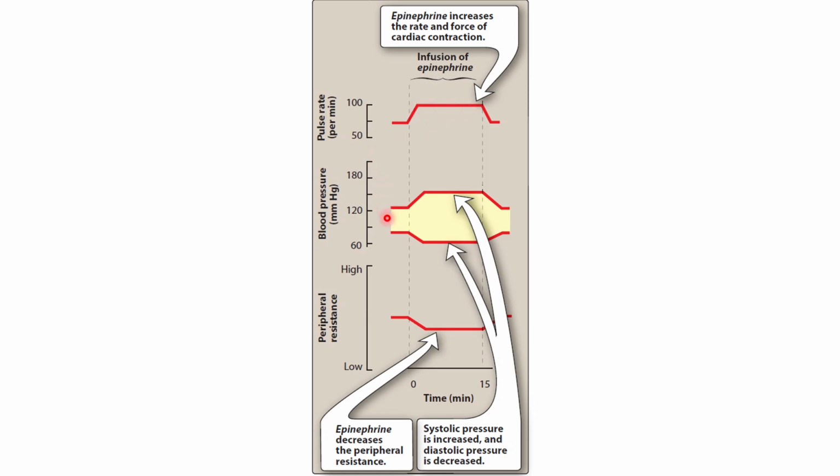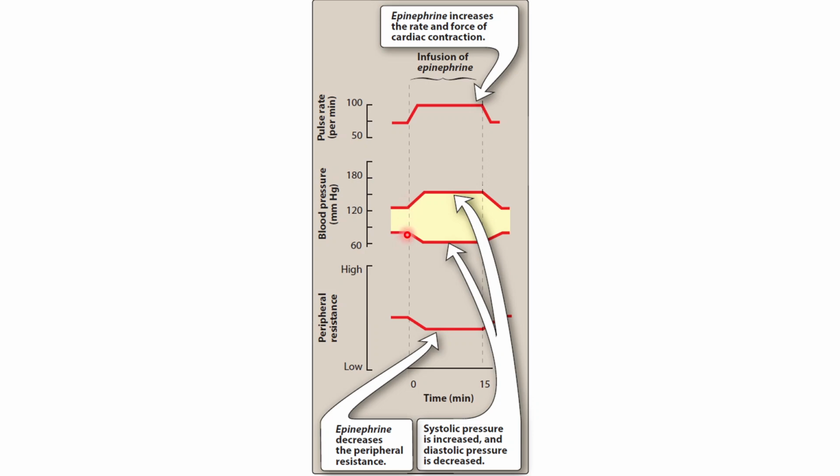Then if we look at the blood pressure, systolic blood pressure will increase because of the stimulation of alpha 1 receptors in the vessels, in the aorta and large vessels and veins as well.